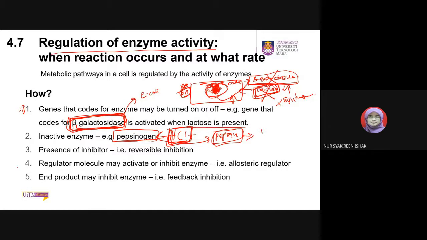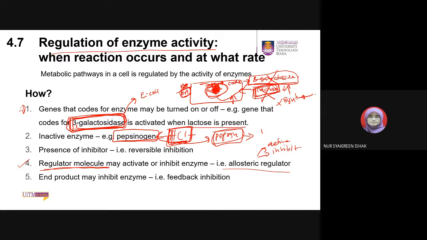Okay, the fourth one, regulator molecules may activate or inhibit enzymes such as allosteric regulators. Okay, so there are molecules in the cell that function to either activate or inhibit the enzyme.